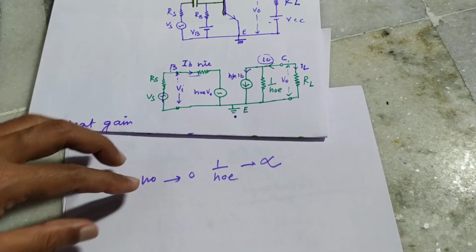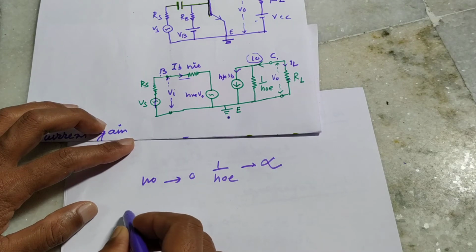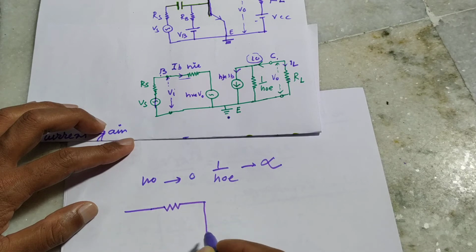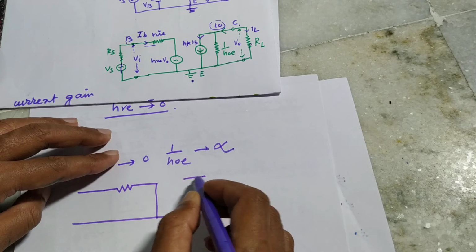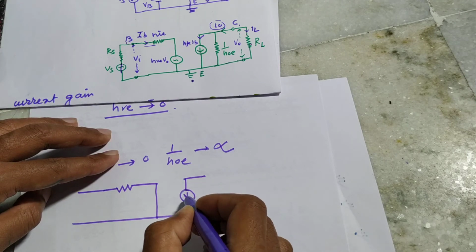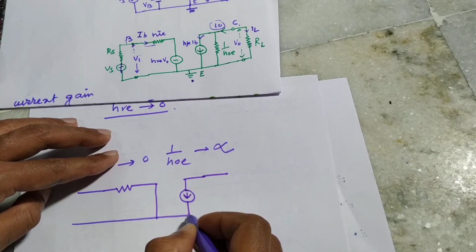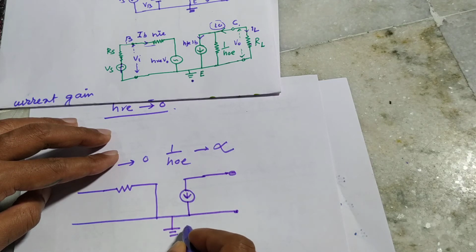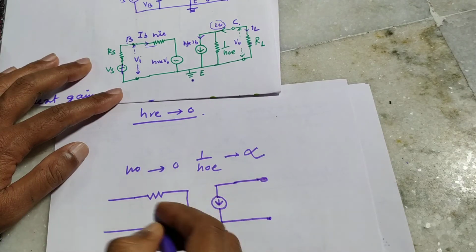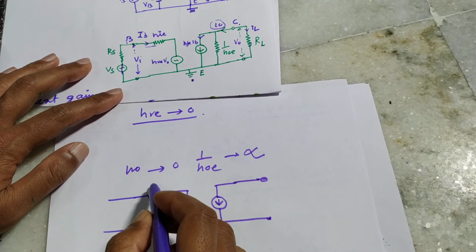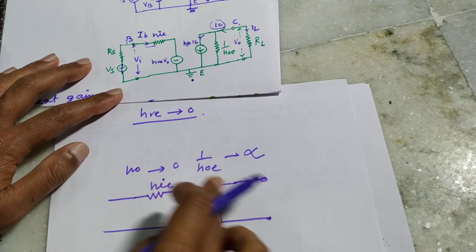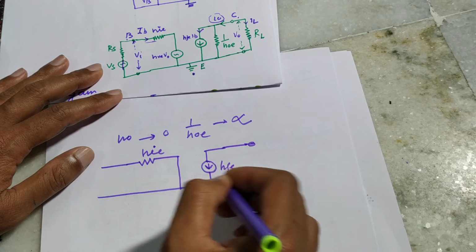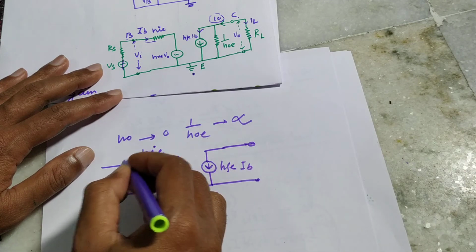Okay, so the simplified hybrid parameter model circuit can be written as, I just have to write the input impedance, and using it we can easily calculate. This is the hybrid parameter model for just the transistor, and this is the approximate hybrid parameter model, HFE IB and IB.